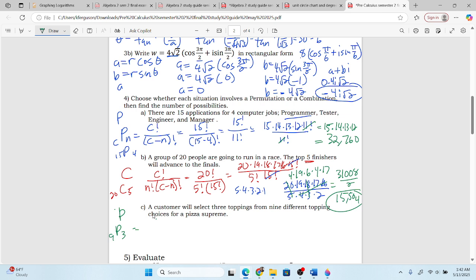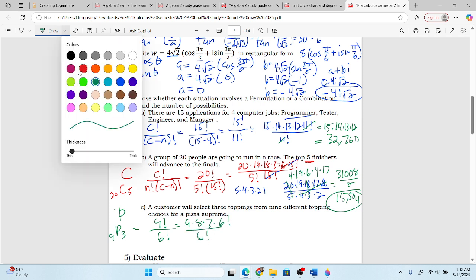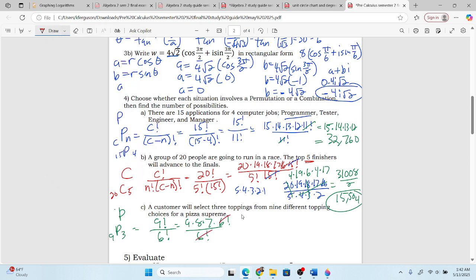So that's going to be 9 factorial over 6 factorial. And so that's going to be 9 times 8 times 7 times 6 over 6 factorial. 6's cancel each other out.